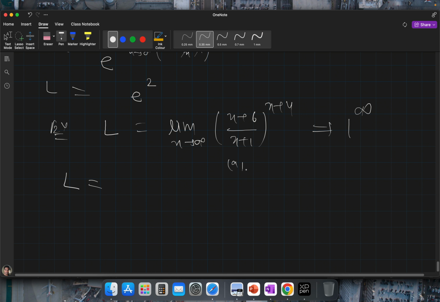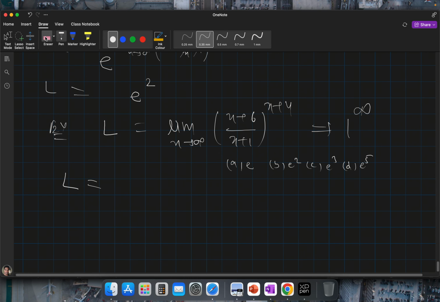Option A, e; option B, e square; option C, e cube; option D, e raised to the power 5. Okay, let's solve this.